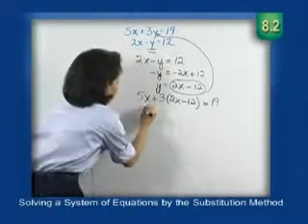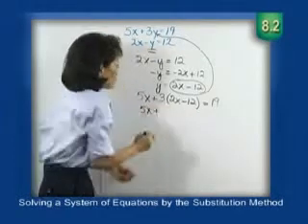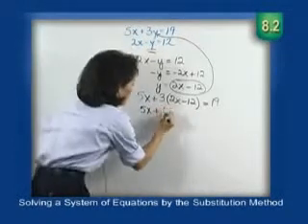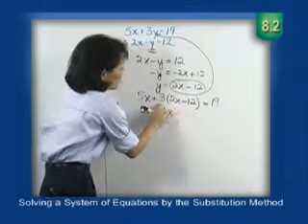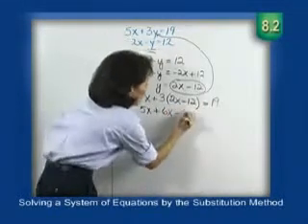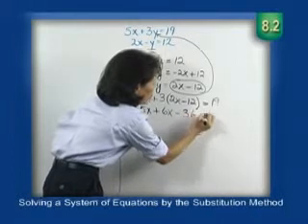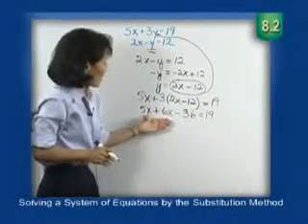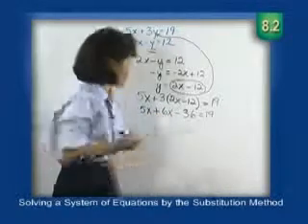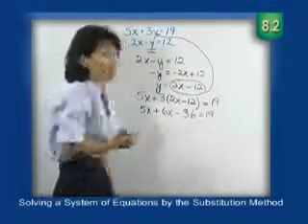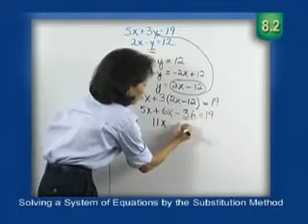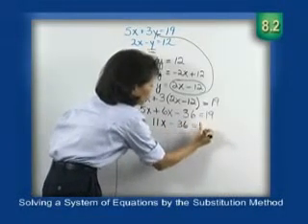So here we go. 5x plus, do you recognize the distributive property here? This gives me 6x minus 3 times negative 12 is negative 36. That's all equal to 19. On the left-hand side, now what I'm going to do is collect like terms. 5x plus 6x, 11x, minus 36 is equal to 19.